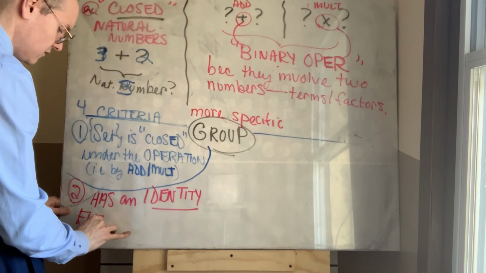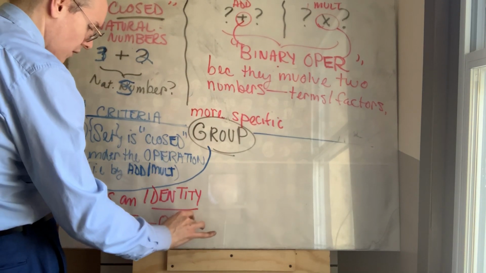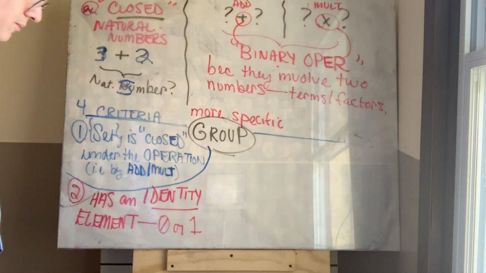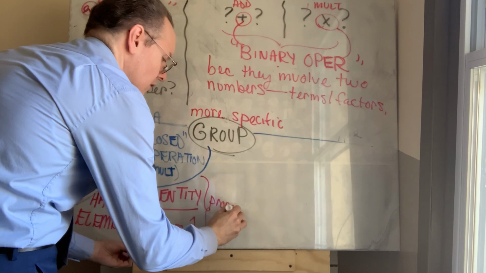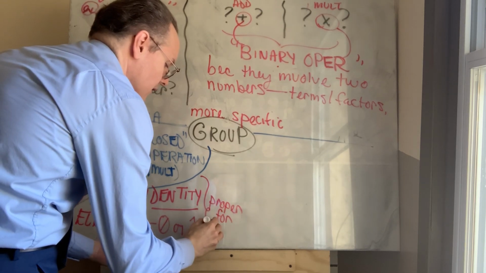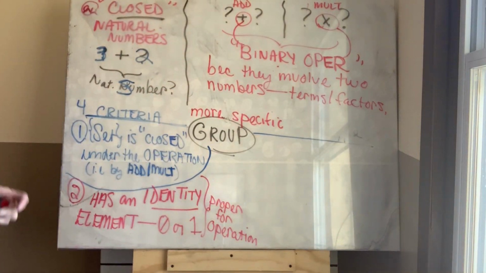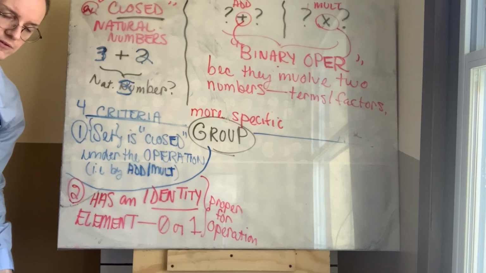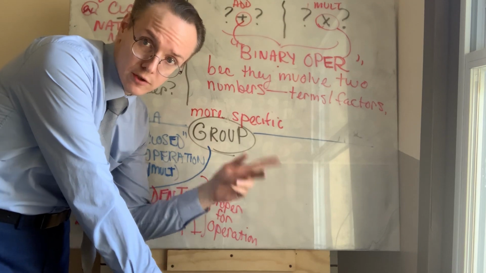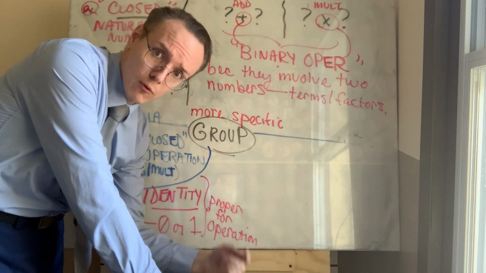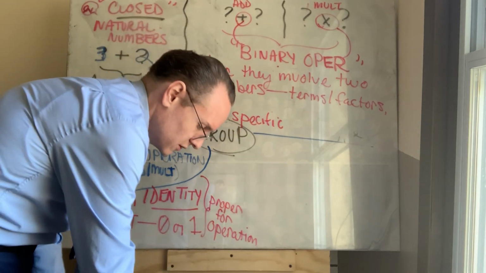What that really means is the number 0 or the number 1 that is appropriate, proper for the operation in question. So for example, it might be appropriate to have a 0 as an identity if you're talking about addition. It would be more appropriate to have a 1 included in your set if you're doing multiplication.